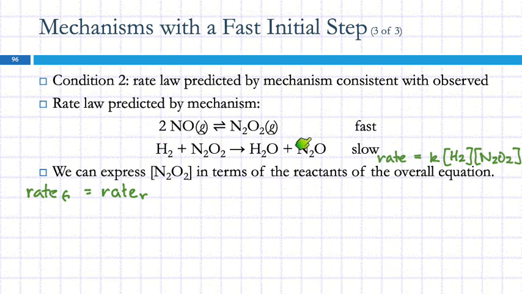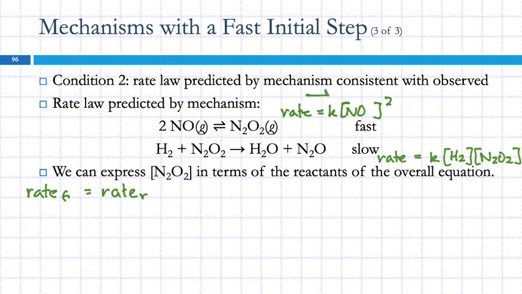In the forward direction, the rate is going to be equal to k times NO squared. Sorry, got an extra 2 in there.